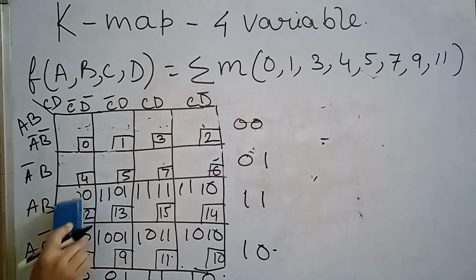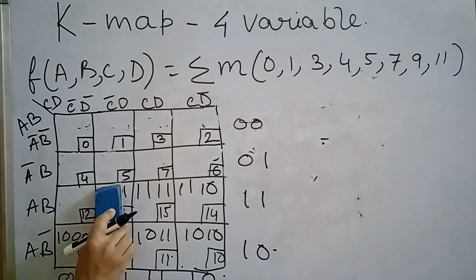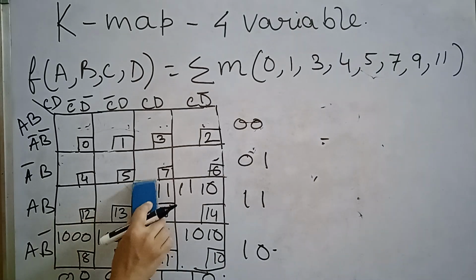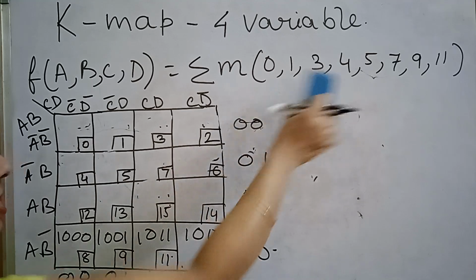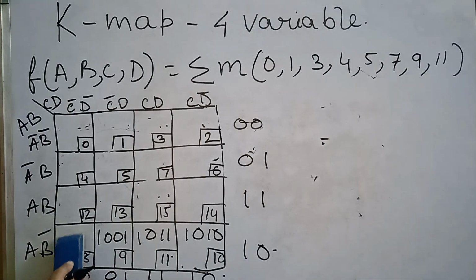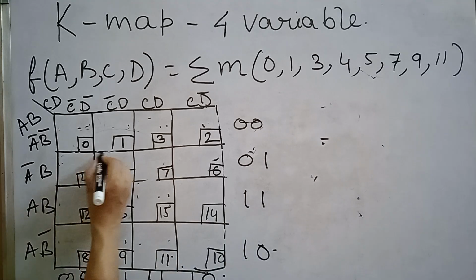Right? Is it clear? The boxes mentioned in this min-term expression, in those boxes we will put 1, and in all other boxes we will just put 0. So, let us put accordingly.